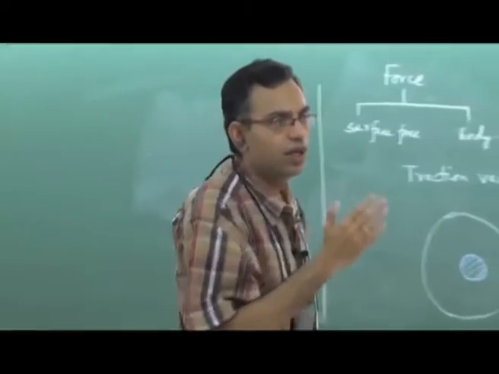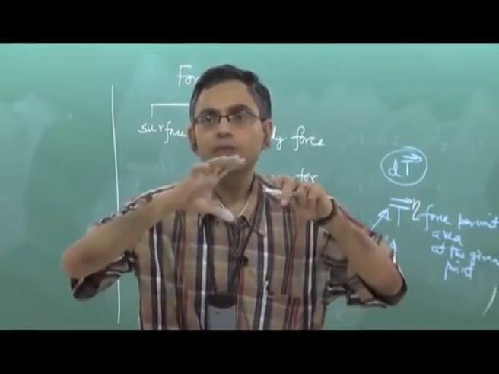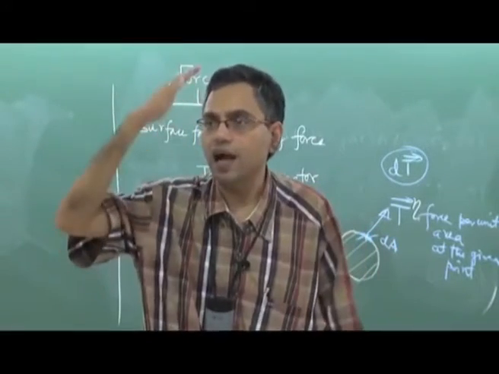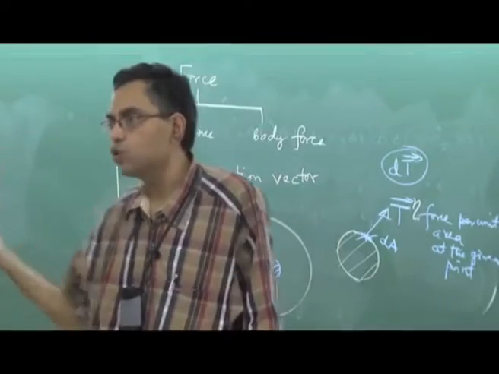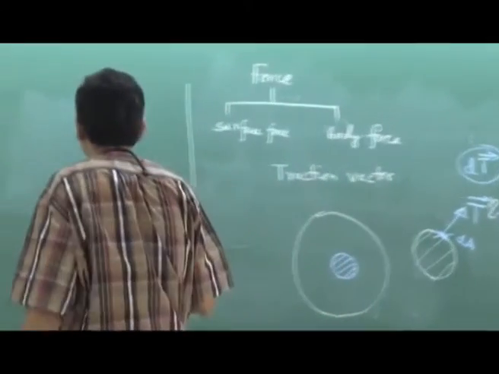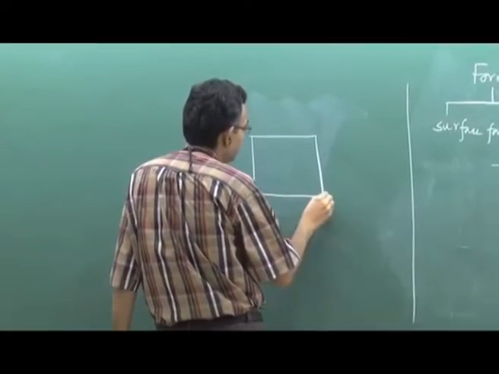So to systematize the entire behavior, we intend to take surfaces which have normal along x or normal along y or normal along z. If we consider those surfaces, then we can represent the behavior of any arbitrary surface as a function of the force on those surfaces. That we will show later on, but we will first take an example.